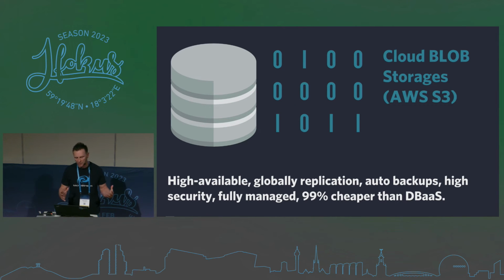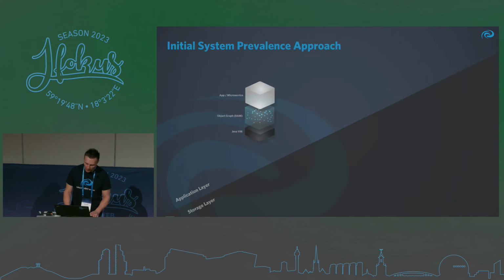And why? It's because the cloud storages are fully managed, so you get backups automatically. They are automatically distributed, so they have automatic data center replication. So it's perfect. It's highly available, it's managed by the cloud vendor, it's cloud native. Perfect. So a great combination.